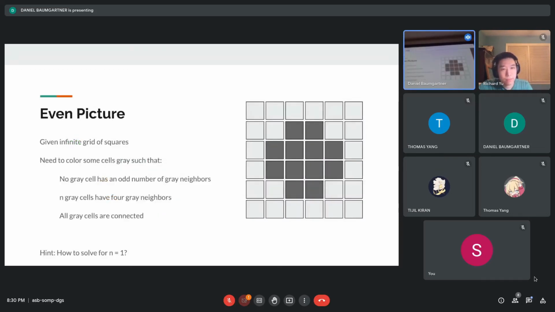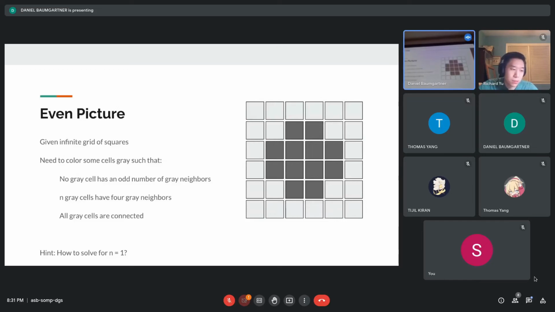Okay, next. We have an infinite grid of squares, and we want to color some of the cells gray. So another constructive problem. We want to satisfy these conditions. The first one is no gray cell will have an odd number of gray neighbors. So no 1 gray neighbor, no 3 gray neighbors. And we are looking at neighbors in cardinal directions, edge connections, no diagonals.